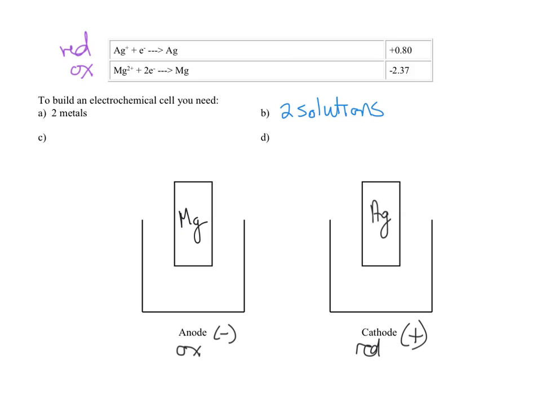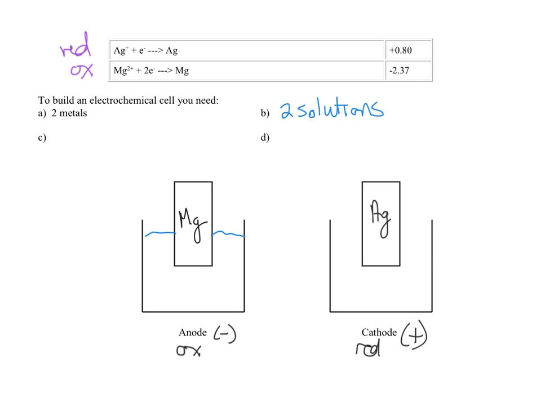So that means that you put the magnesium in a solution that contains the metal cations, the magnesium cations. So you find a salt or an ionic substance that has magnesium in it. You can use magnesium nitrate, magnesium sulfate, magnesium chloride, magnesium acetate. Whatever magnesium salt that you have, you dissolve it in water and that makes a solution.